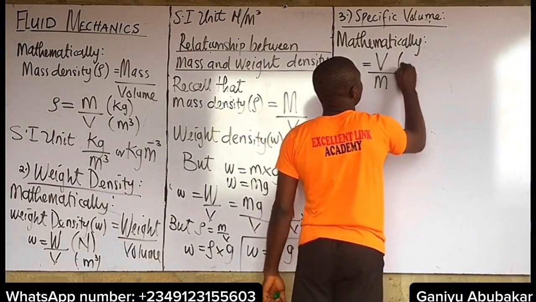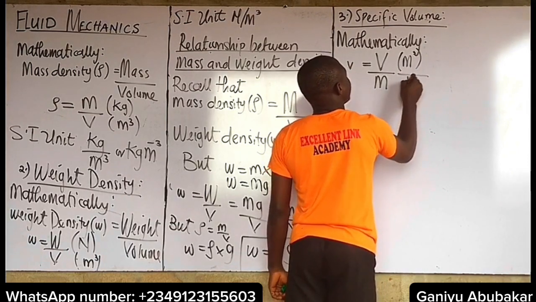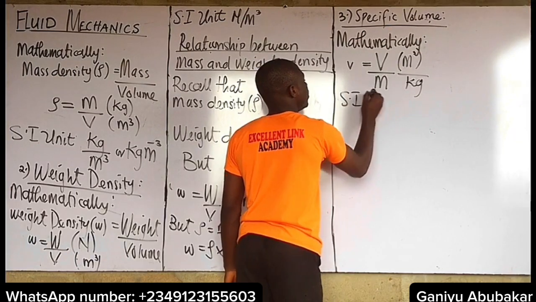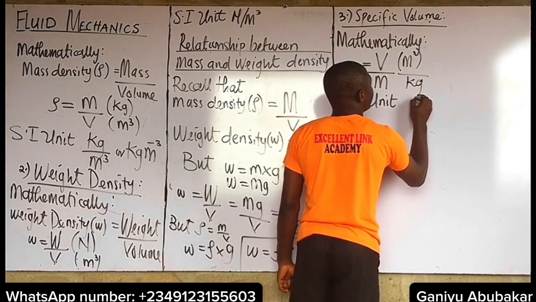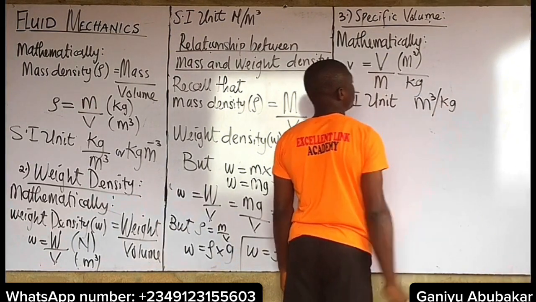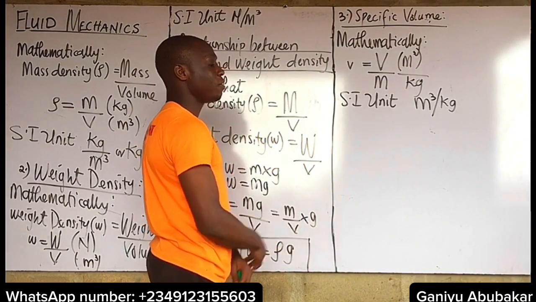But we know that volume is in meter cube and mass is in kilogram. So the SI unit for specific volume is meter cube per kilogram. As you can see, that's my SI unit for specific volume.